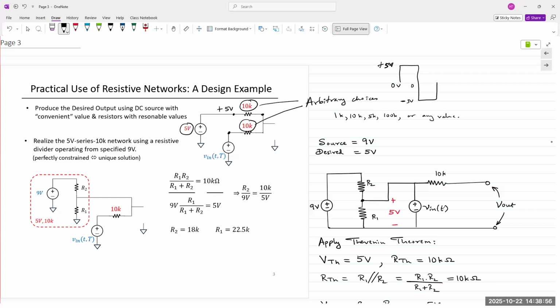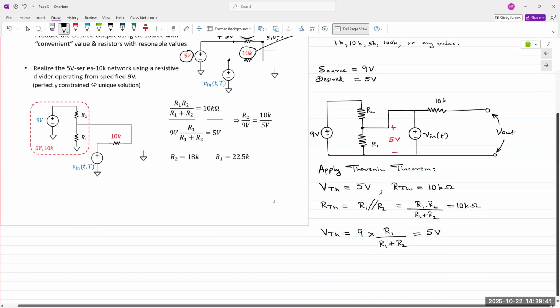So the swing provided at this end is going to have 5, 0, and -5. So the voltage drop across the 10 kilo ohm resistor goes from 0 to plus 5 to plus 10. That's the only explanation I have so far, but I need to come up with a better one. Hopefully by Friday.